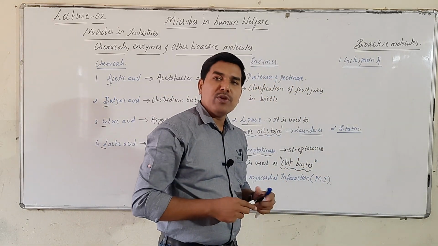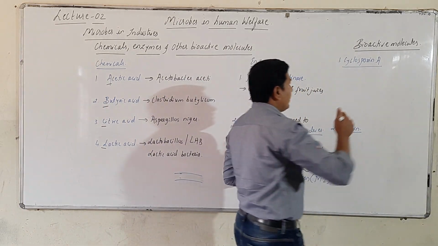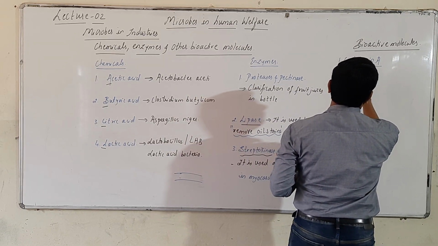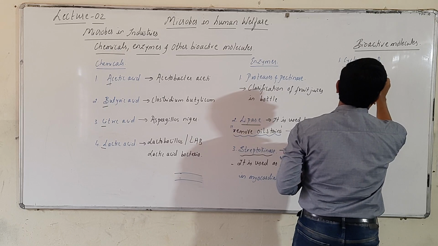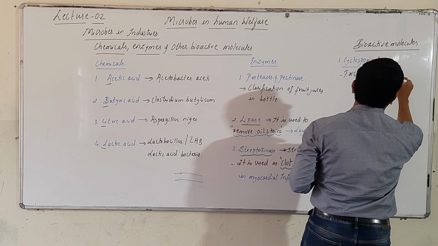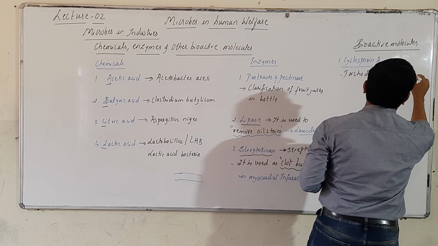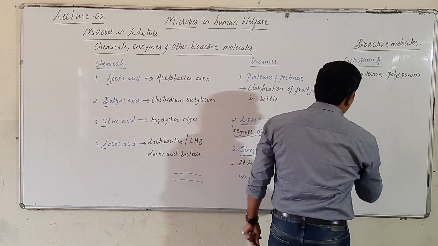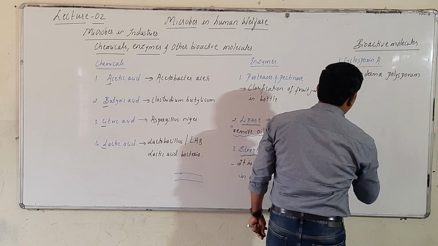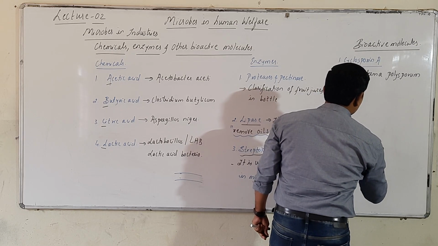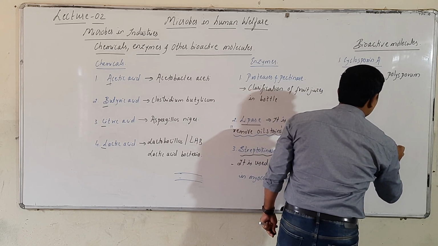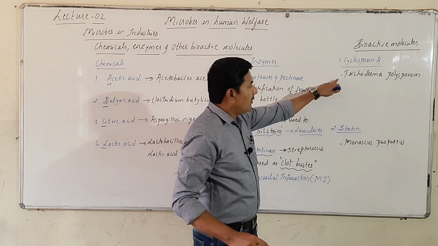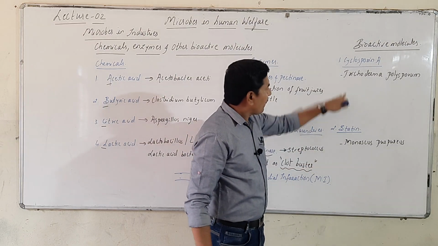Cyclosporine A is produced from a microbe called as Trichoderma polysporum. Statin is produced from Monascus purpurus. Both are fungal derivative only.